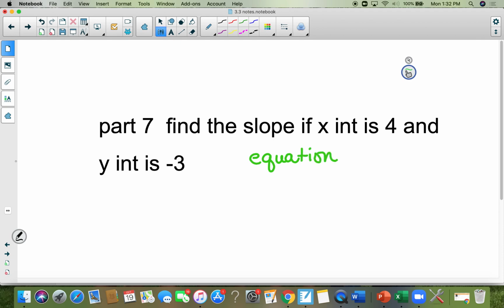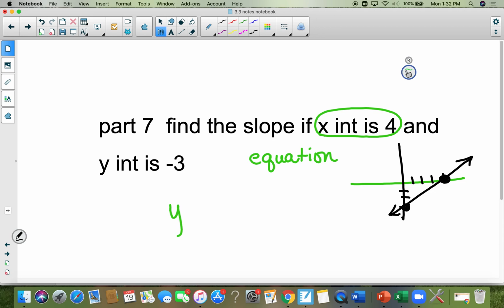Well, if the x-intercept is 4, I'm just going to draw myself a picture. It crosses the x-axis at 4, and it crosses the y-axis at -3, and I'm going to connect my 2 points.